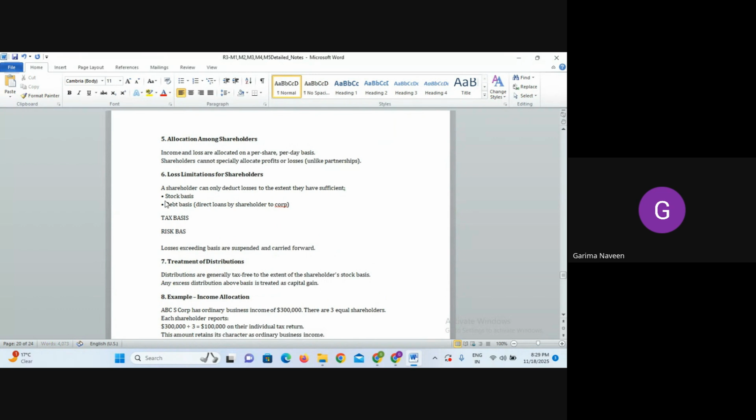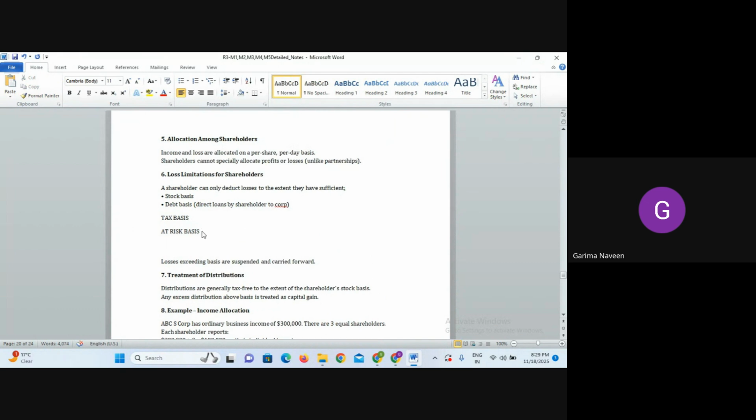It means only up to the amount you have in your at risk basis can you deduct your losses, and the excess losses you need to carry forward to the next year. So these are certain limitations which apply first at your S corporation level. It will depend upon your ownership and your basis in the S corporation.